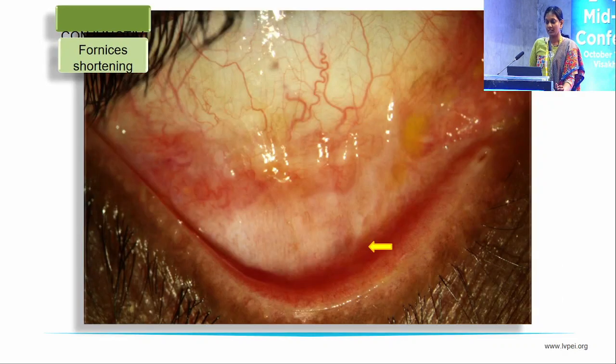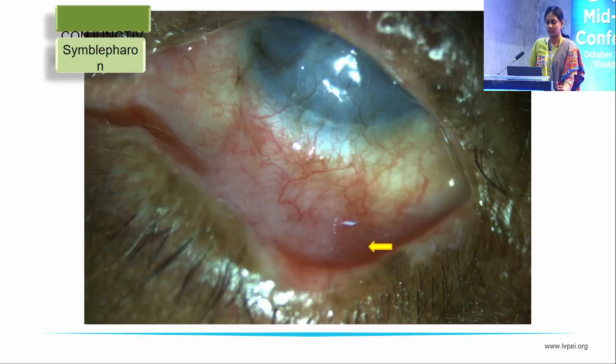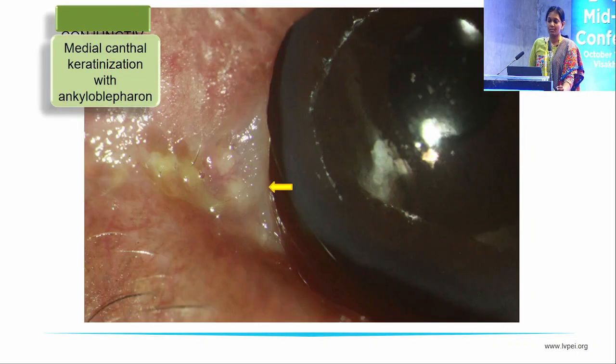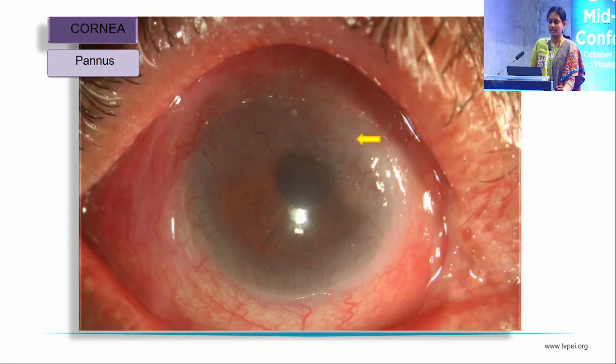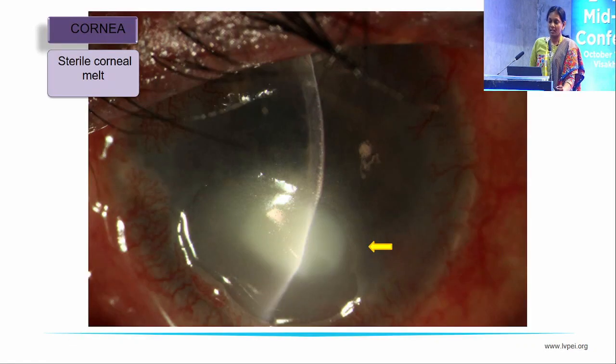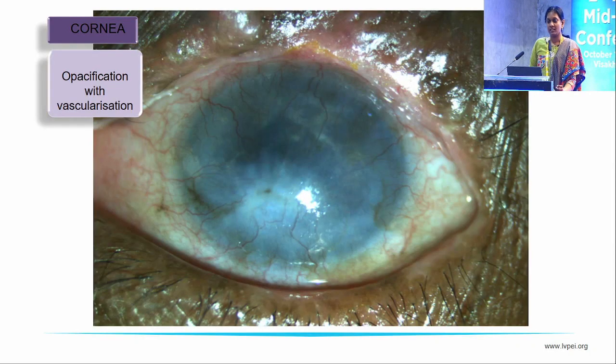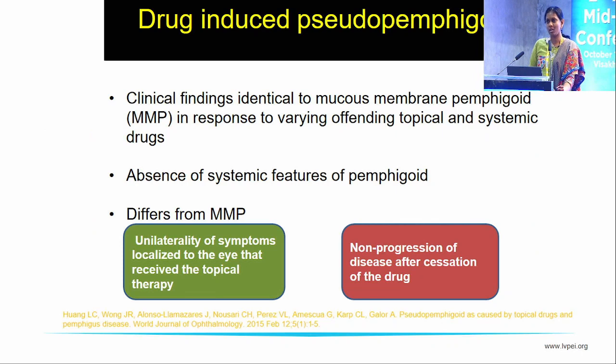And there is subconjunctival fibrosis, fornceal shortening, symblepharon formation, medial canthal keratinization along with ankyloblepharon, superficial punctate keratitis, pannus formation, and lastly sterile corneal melt, and sometimes even opacification with vascularization. All these come under the category of drug-induced pseudopemphigoid.